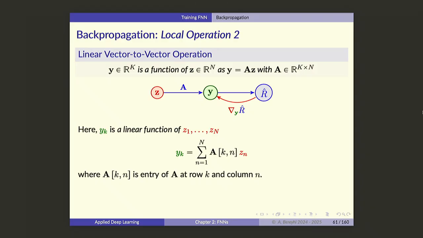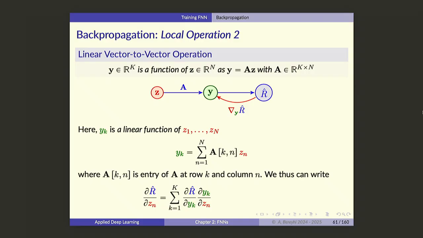So you can go ahead and do the math. You can say that y, one particular entry of y, is written in terms of all the entries inside z in this form. So essentially you get one row of A and multiply it with z. This is going to be your y. And then you can start writing down the chain rule, but of course, the chain rule here is in vectorized form. So you're going to say that the gradient of r hat with respect to z_n is going to be the gradient of r hat with respect to every single y that I have, times the gradient of that y with respect to the corresponding z, right?